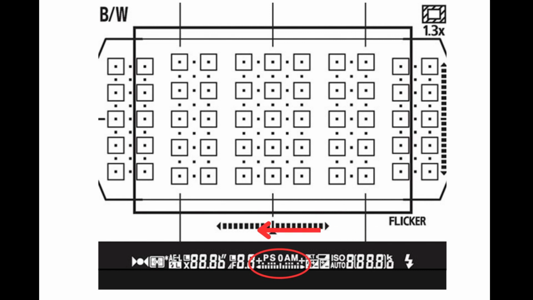So it's telling you that there's not enough light to get a correct exposure. So to get the right exposure again, you'll have to either increase your ISO or decrease your shutter speed, or if possible widen your aperture, just so you can get that little meter back to the zero end.